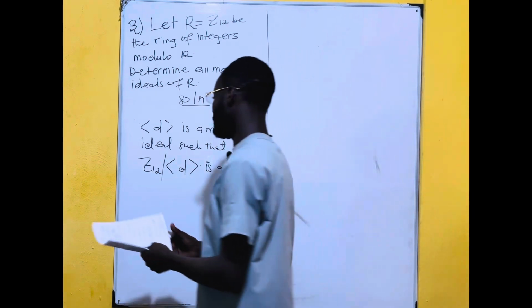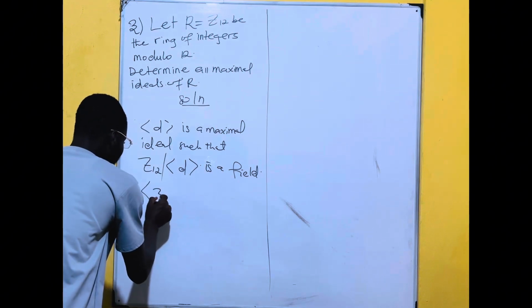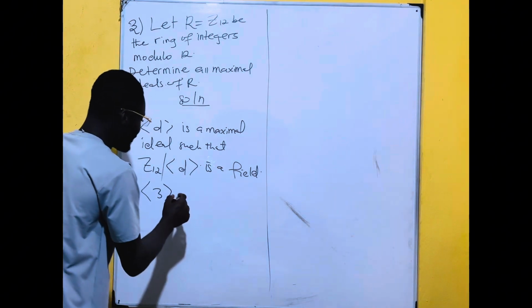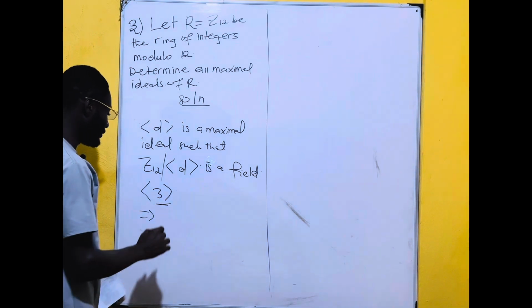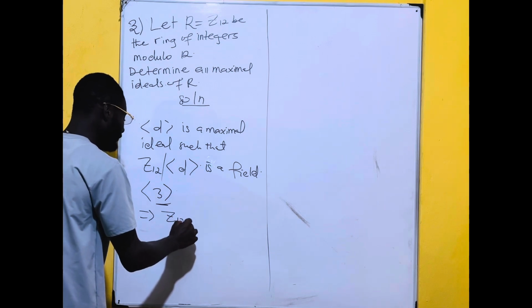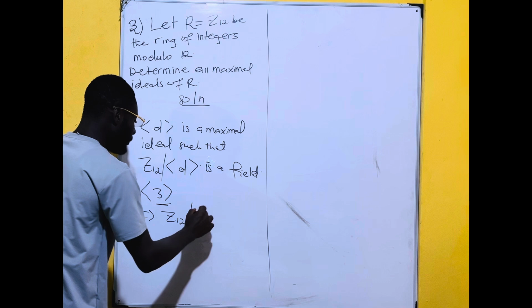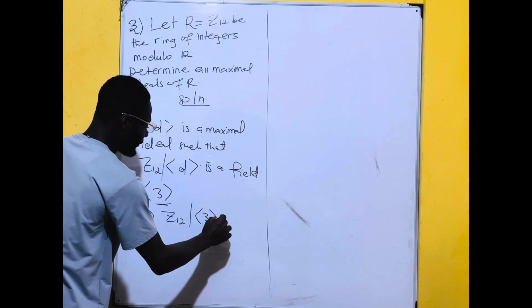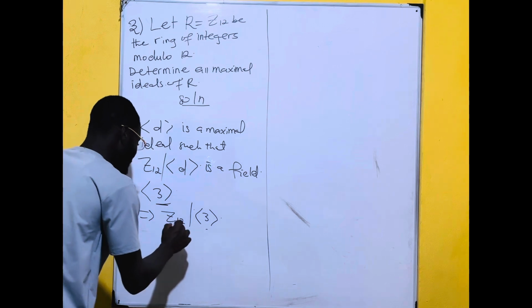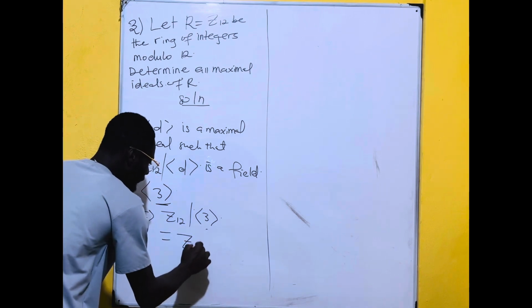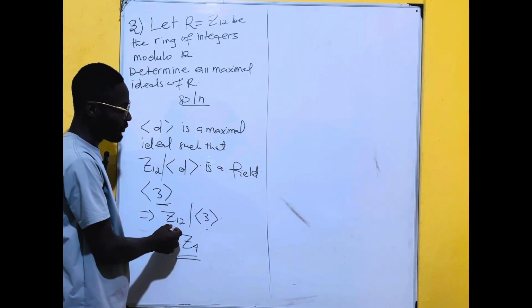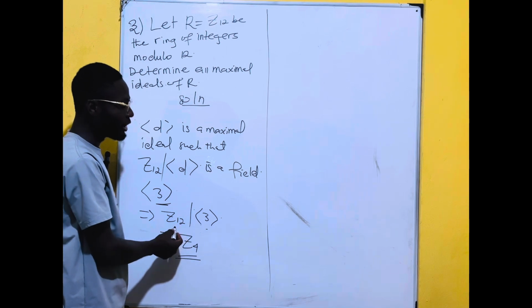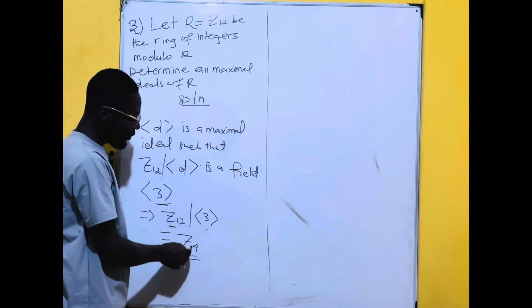With ideal (3), this implies Z12 modulo ideal (3), and this is equal to Z4, because 3 goes into 12 four times.